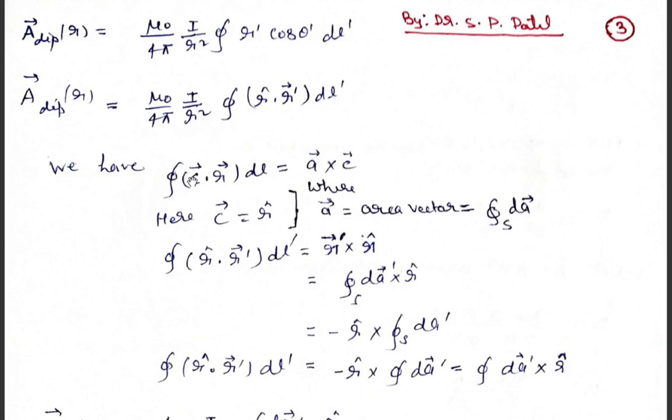Here the c vector is dotted with the r vector, and the r vector is the position vector.